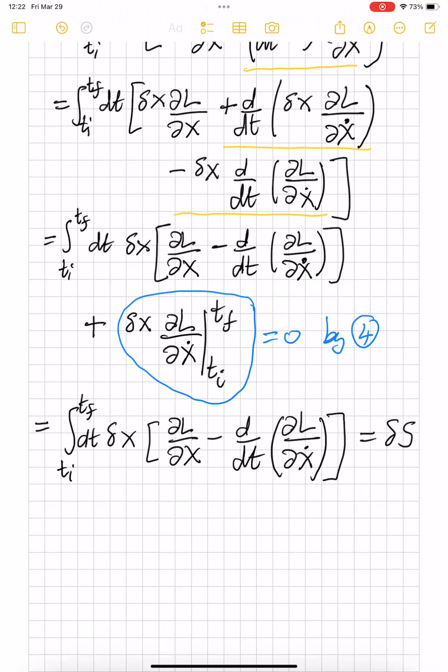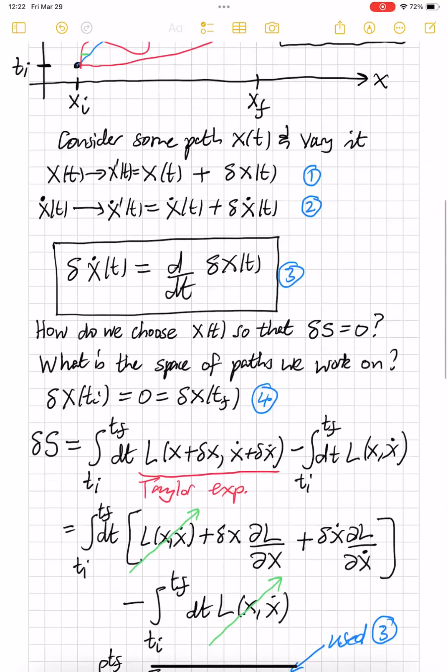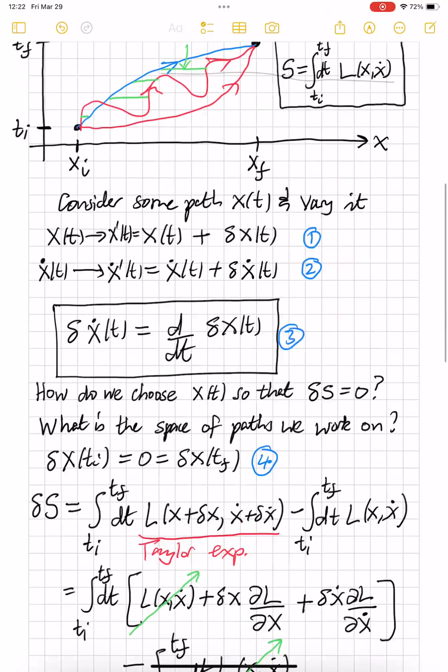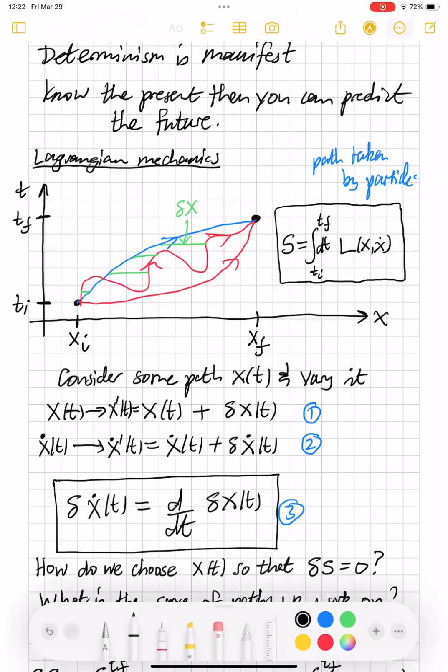So if we think about all of the variations that we could have, for these paths shown here, certainly delta x is different. So delta x is different for the wiggling red path than it is for the straight red path.